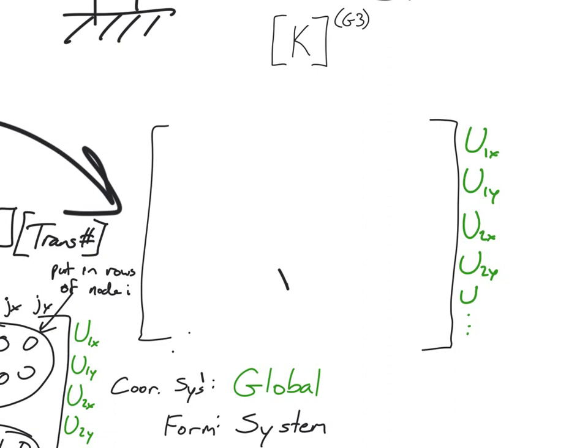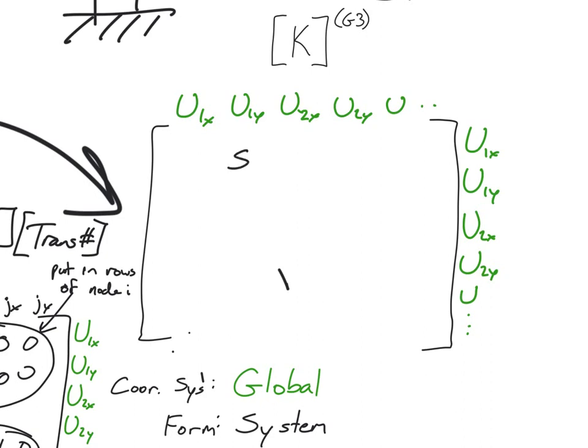All right, just like we had in the transformation matrix side here. And we can represent the top in a similar way, u1x, u1y, u2x, u2y, u, etc. All right, so this one I'm not going to put any values in because it changes based on each element that you may have. So let me write this.